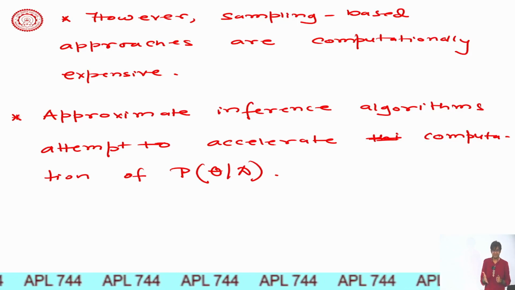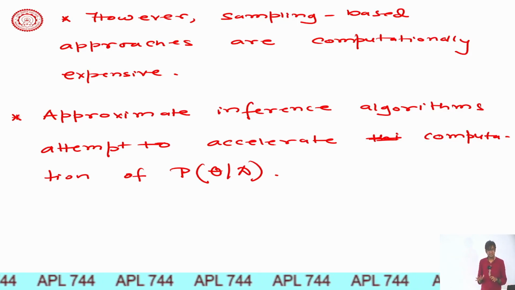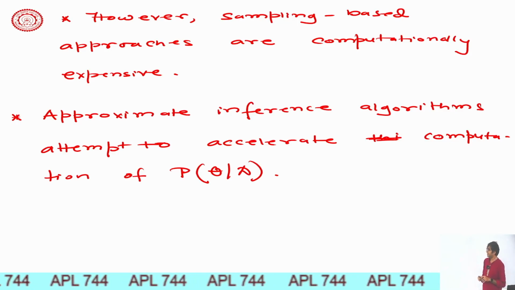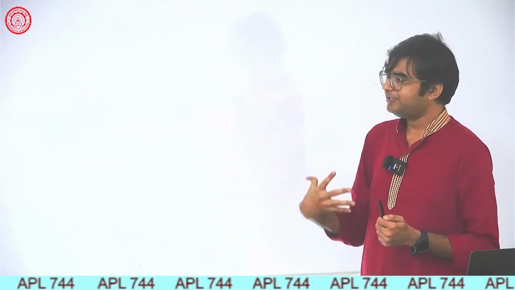That was guaranteed. But in this case, there is no such guarantee, because we are starting with the idea that we are going to approximate it with some tractable distribution. So we will approximate the posterior with some distribution which is tractable, with which we can work. One example of a tractable distribution is the Gaussian, but it need not always be Gaussian, it may be some other kind of approximation.